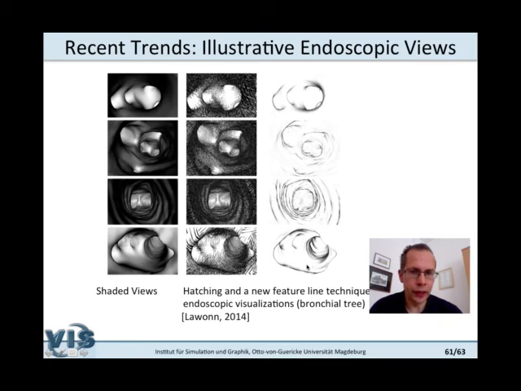One could think of combining this type of visualization, for example, with this one, so that certain shading is also applied, but on the other hand, some feature lines that are detected here by a geometric analysis, so more or less feature lines represent discontinuities in visibility or discontinuities in the geometry or discontinuities in the illumination.